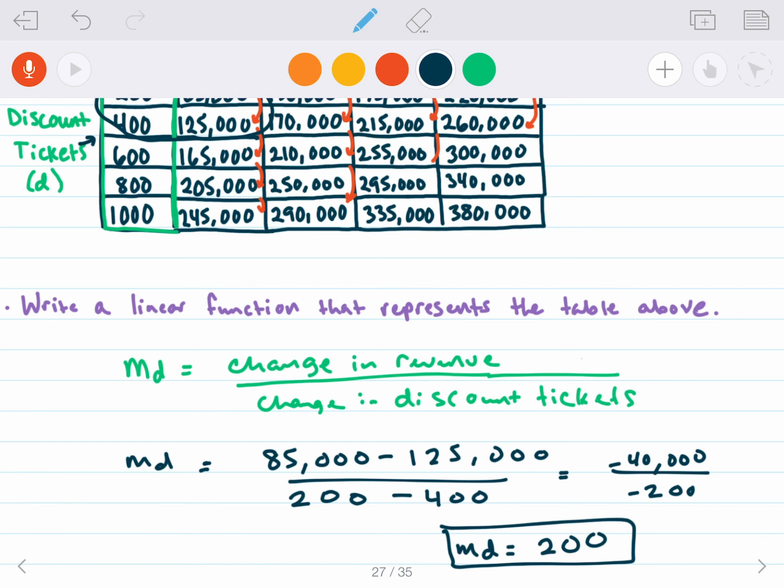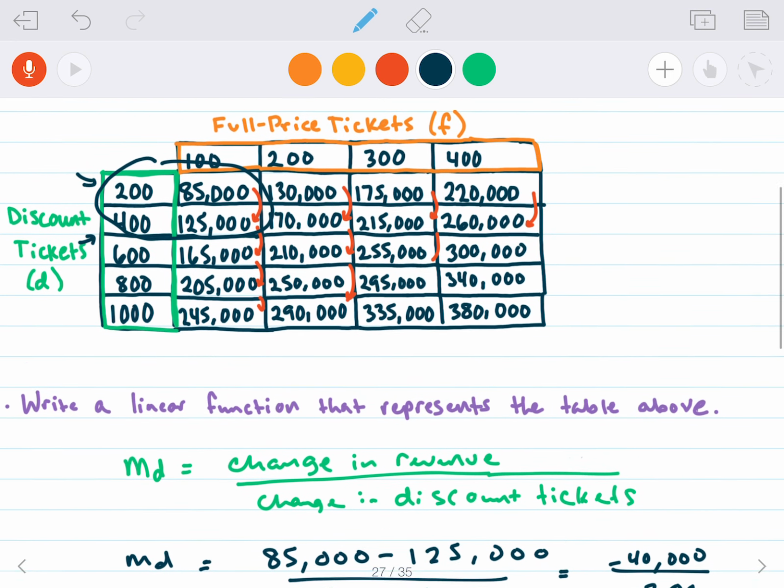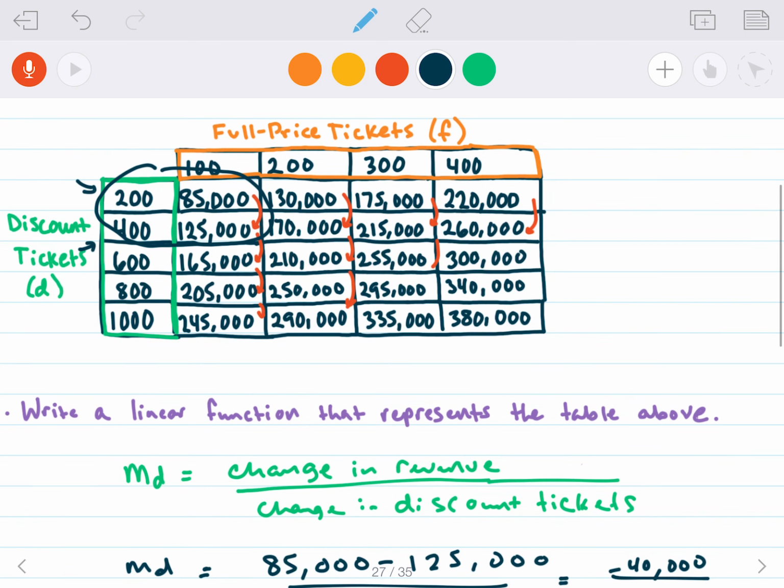Okay, let's go ahead and find the slope in the F direction. So we're looking at rows now instead of columns. It looks like we're increasing by a uniform amount of 100 tickets, right? And so what's happening to my Z values? Well, those are all increasing by a uniform amount as well.